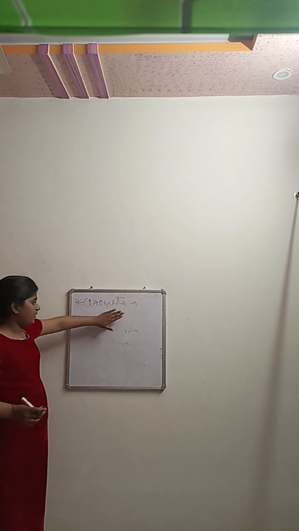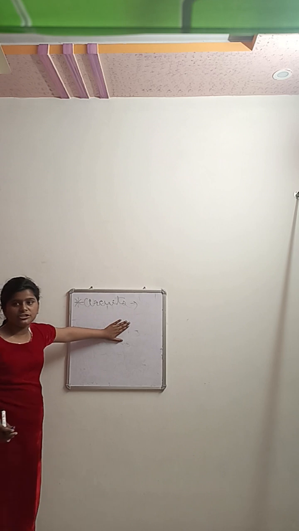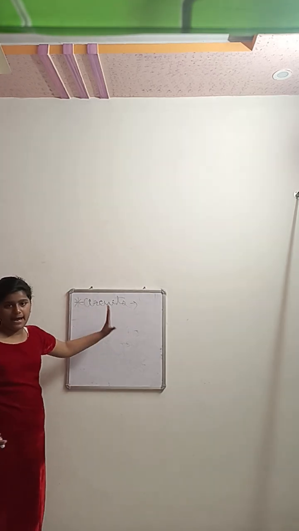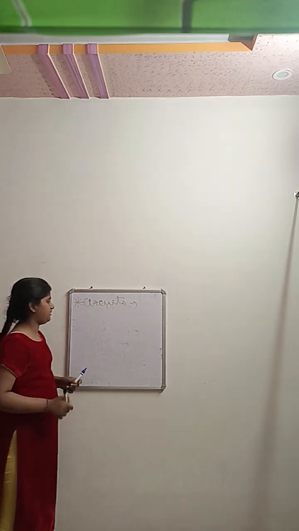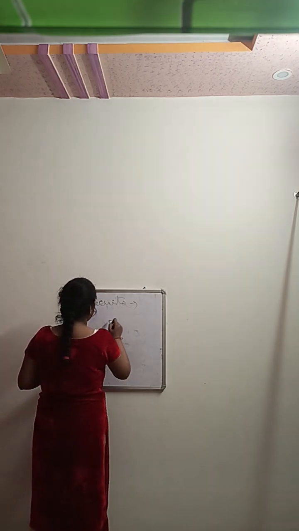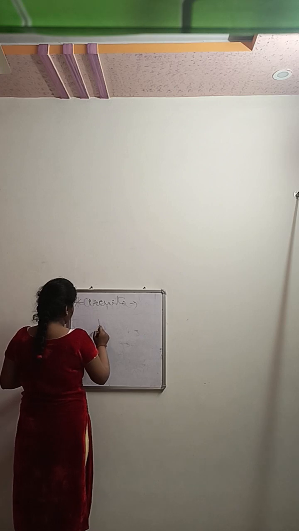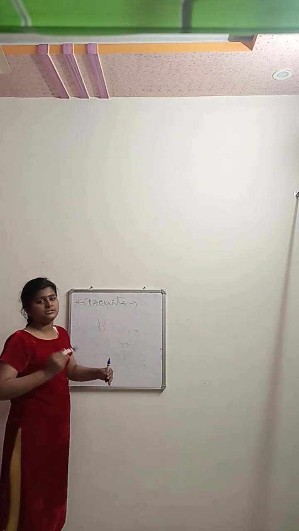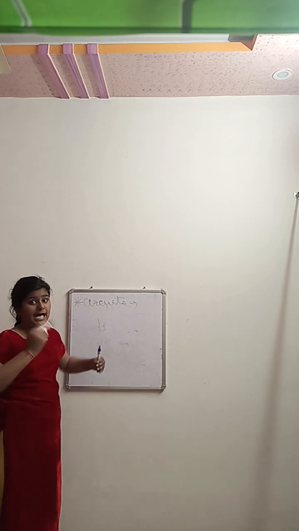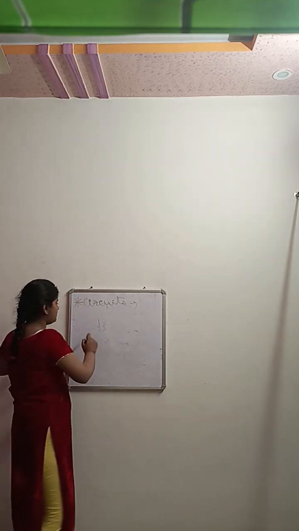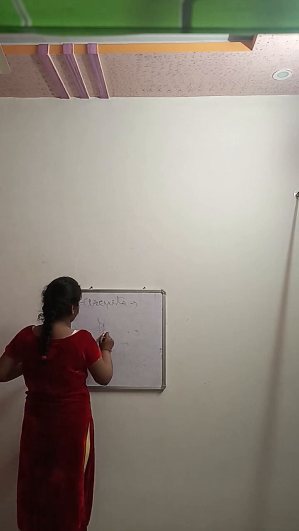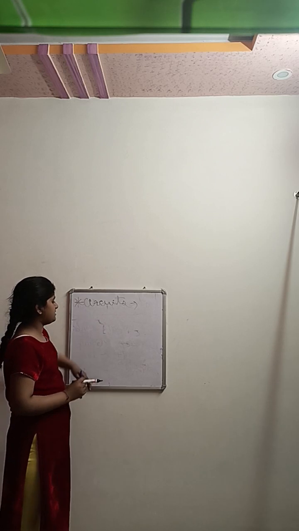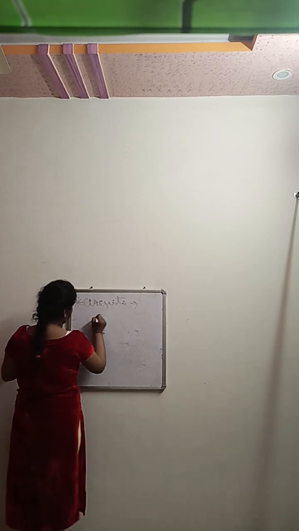I have shown you the cell, switch, bulb and battery. When all these things are combined into a proper setup and current flows along that path, it is known as a circuit. I will show you one circuit.